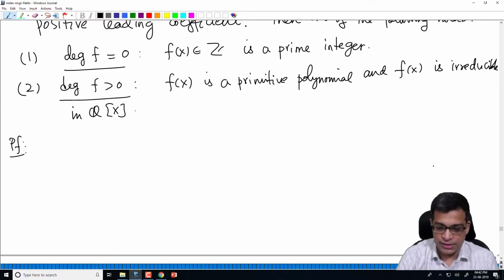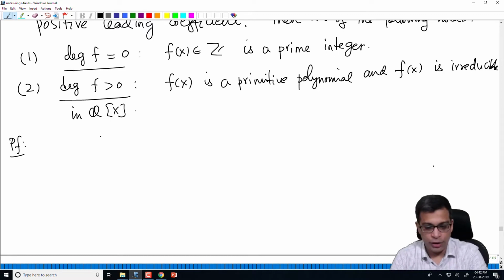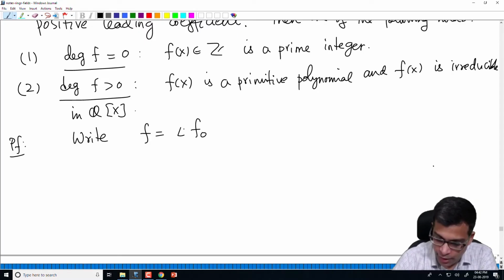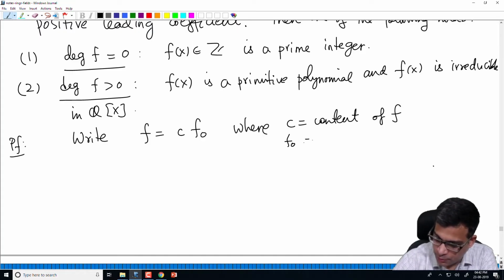So we'll first consider the case. Write f as c f0, where c is the content of f and f0 is primitive.